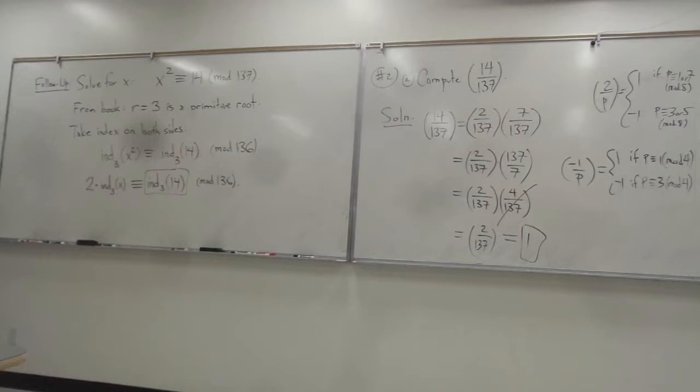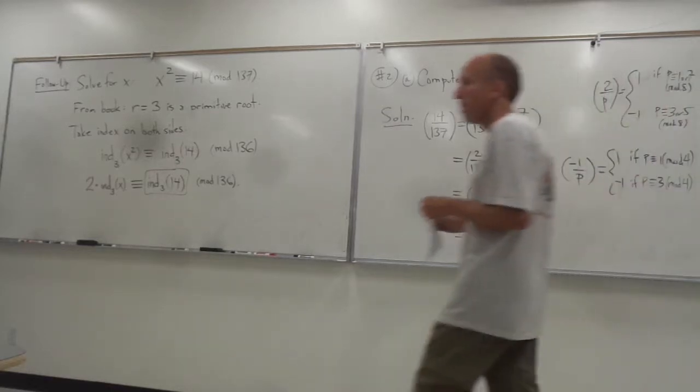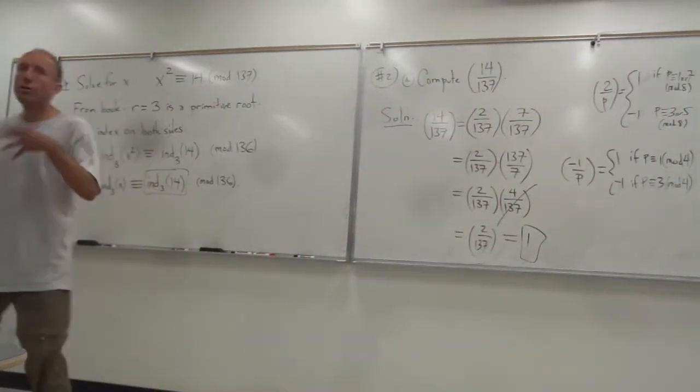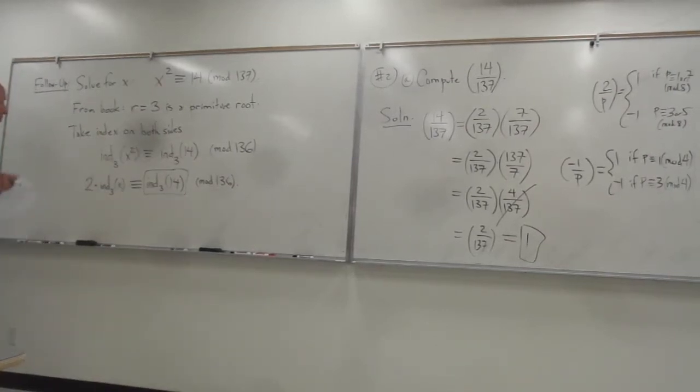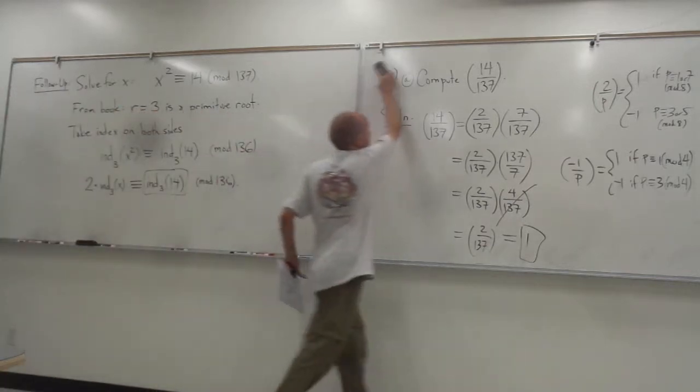Anybody have any thoughts on how to do that? 3 to the power is 14. Right, 3 to what power is 14? Okay, so let's see if we can just try a few values and see if we can get anywhere with it. I don't know if that would help us. Let me come over here and give myself a little bit more room.